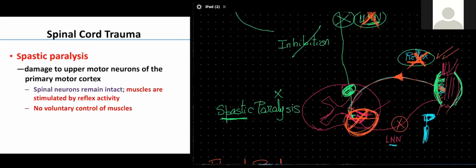This damage is going to cause the muscles to perform exaggerated contraction. Do I have any voluntary control of the muscle contraction? No voluntary control. It's a paralysis.